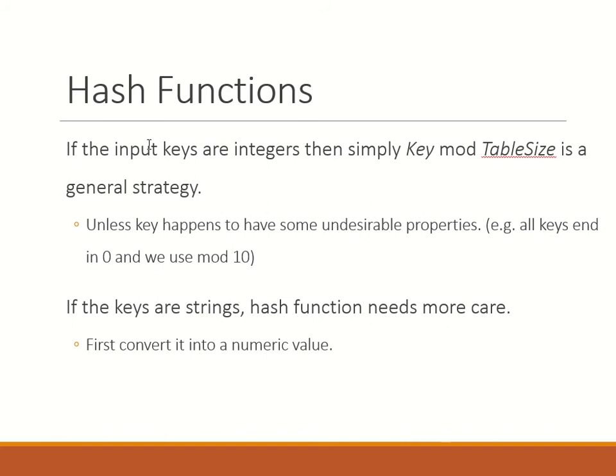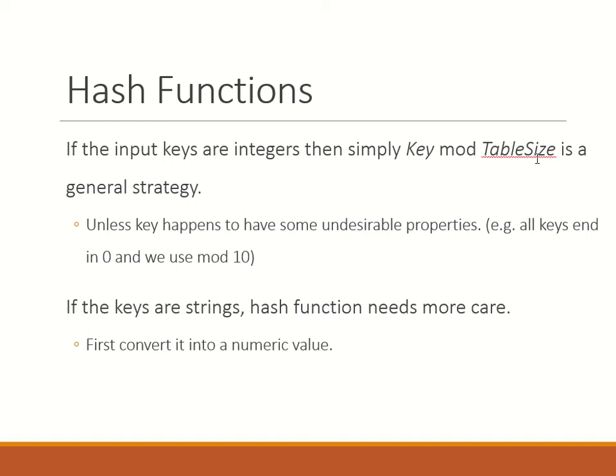If the input keys are integers, then a perfect hash function can be key modulus table size. Earlier we had keys that had both strings as well as numerics. But suppose you only have numerical values, and your hash table is of size 10.